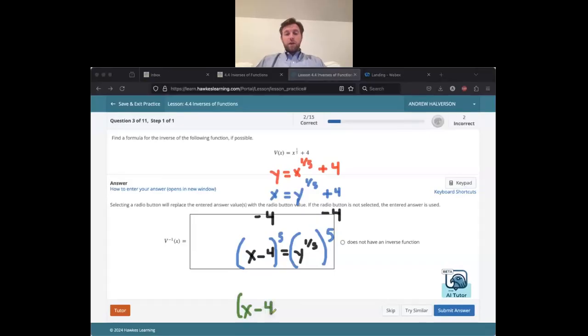So this becomes x minus 4 to the 5th power equals y. Now we replace y with the inverse. In this case, the inverse function is v inverse of x. And voila. I may give you something like this, but not with a 5th power.